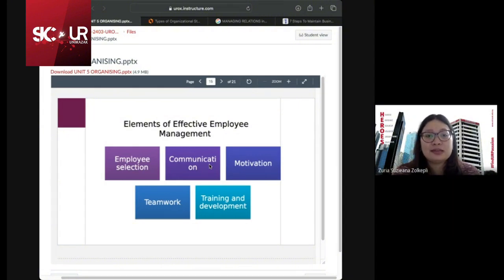That's why we have decentralization, and then the middle level managers or first level managers are the ones who will oversee all these things, right? At least by having teamwork, we could achieve the department's target and goal, right? So indirectly, as a result, this achievement will lead to the company's performance in certain ways. Okay, and then training and development.